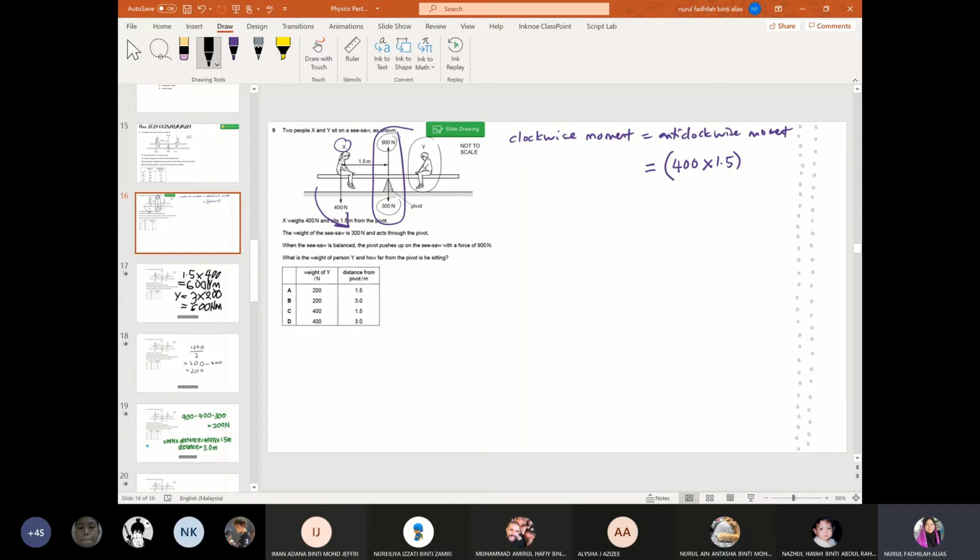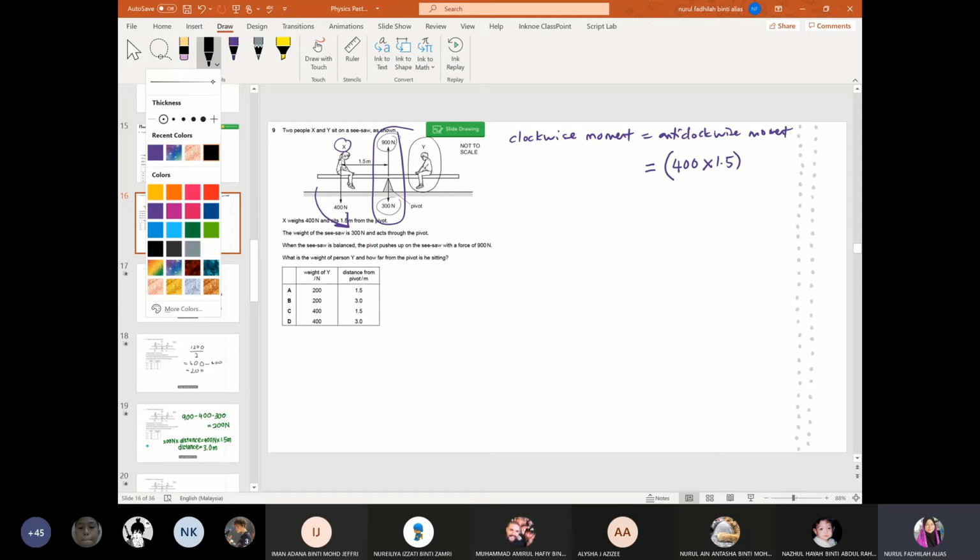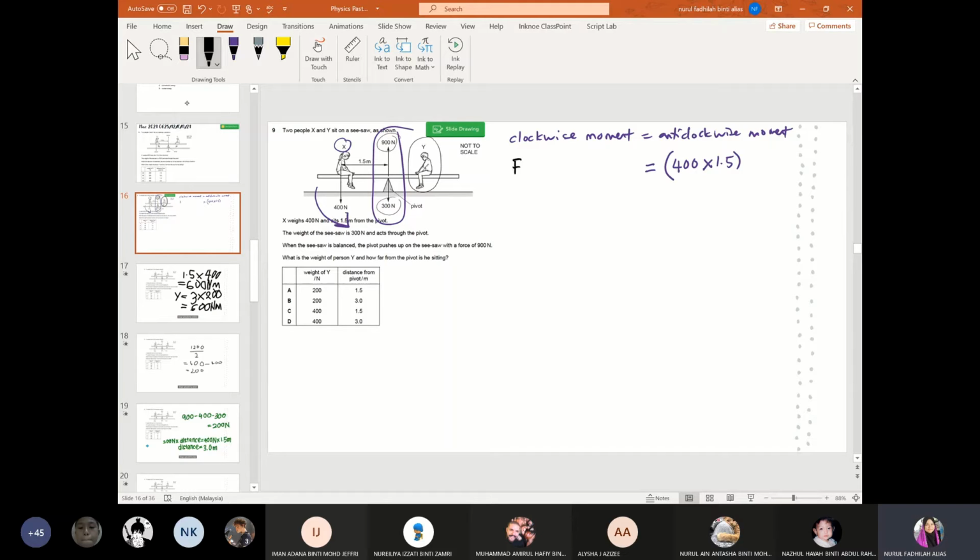So the student Y. So student Y tu what you do? So what's the force? That is what you want, times the distance. Okay, so the distance. So senang saja awak darabkan 400 times 1.5.